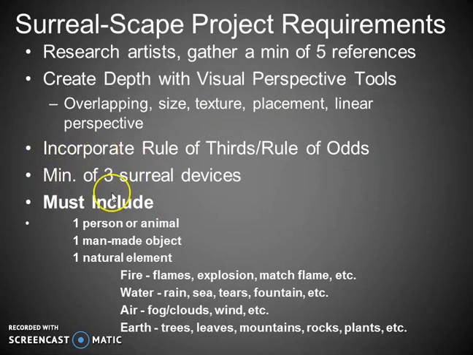And then thinking back to what we just started with today with those surreal devices, you need to pick 3. And then down here, just to have a little more variety, you need to pick a person or an animal, a man-made object, and a natural element to include some way, somehow. Okay?